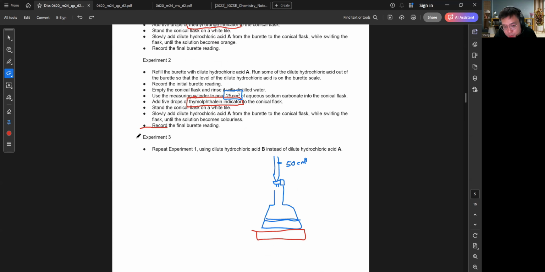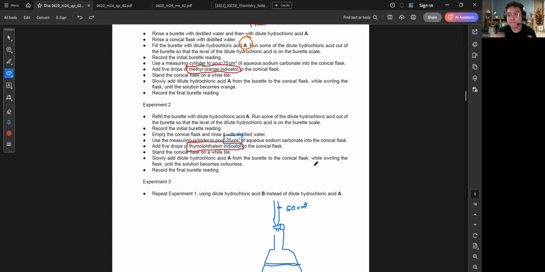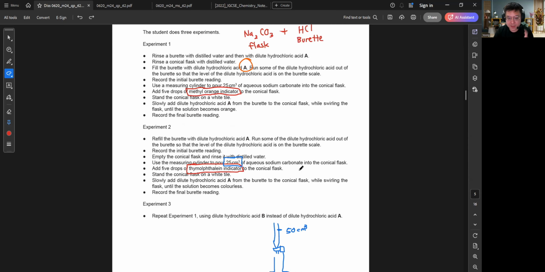And then in experiment 3, we repeat experiment 1, but using hydrochloric acid B. So some students might be confused. The first thing is you need to understand what dilute means. Dilute means you are mixing hydrochloric acid with water. When we say mix with water, there are different ways to mix it. You can mix 75% acid and 25% water, or you can do 50% acid, 50% water, and so on and so forth.